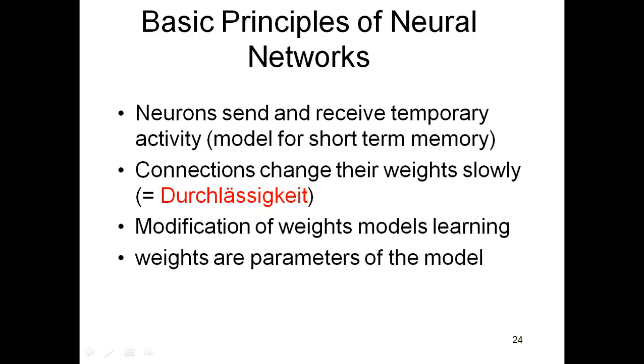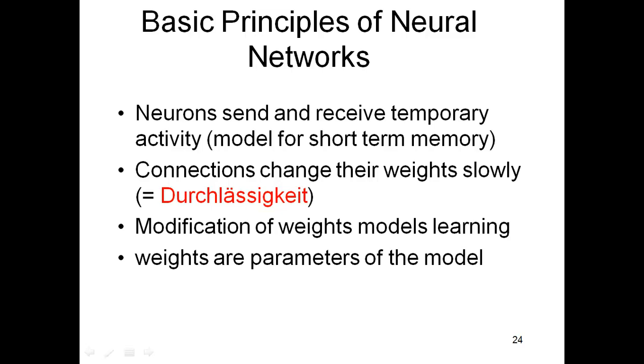Activation goes on, signals are sent again. Some neurons turn off their activity, others turn it on based on the pattern. And that means over different points in time, different patterns of activation occur. That is what we're currently thinking of, and that can be called our short-term memory.